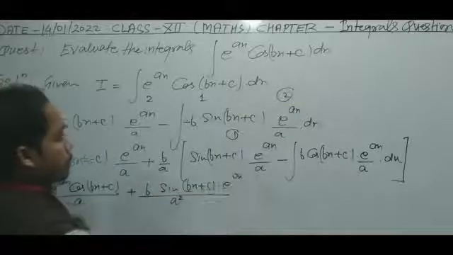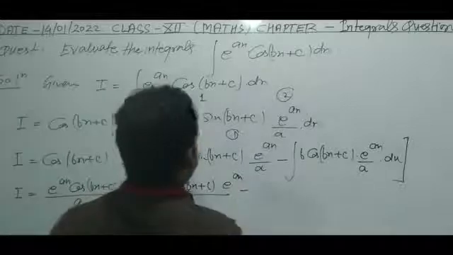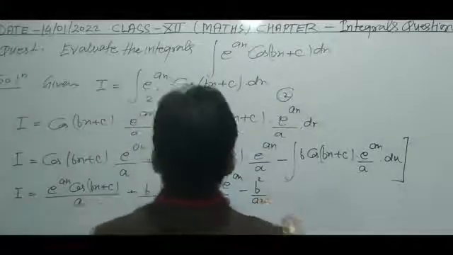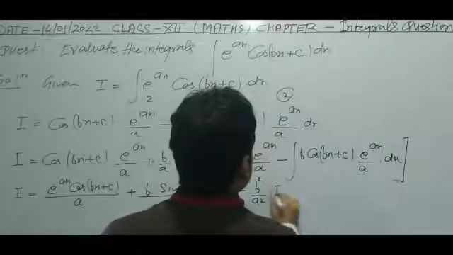So b upon a square, now with negative sign, minus b square by a square, and this is the integration I.